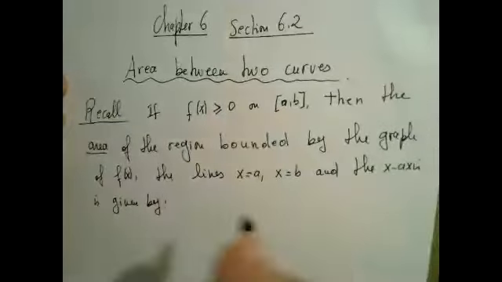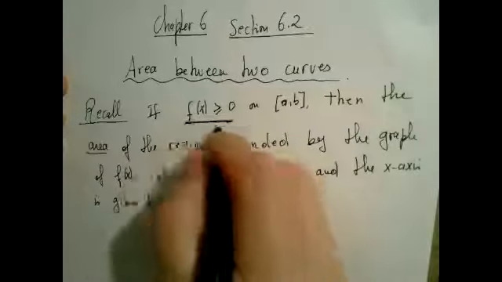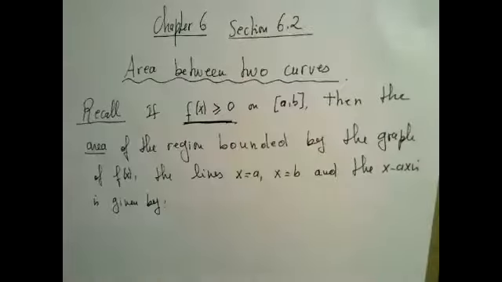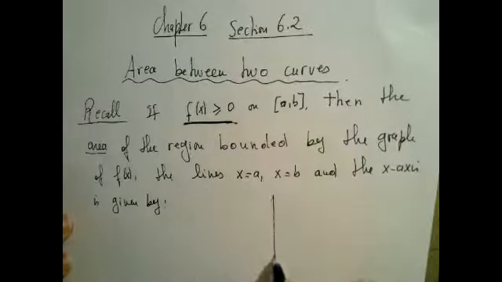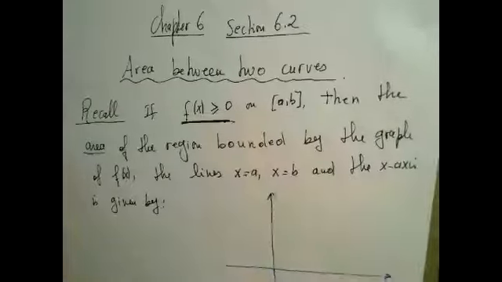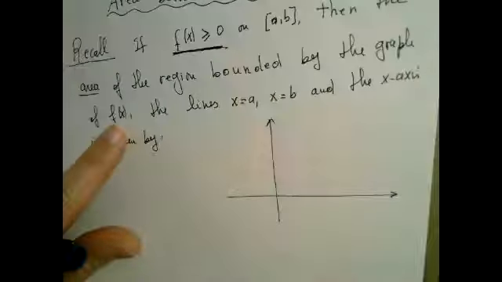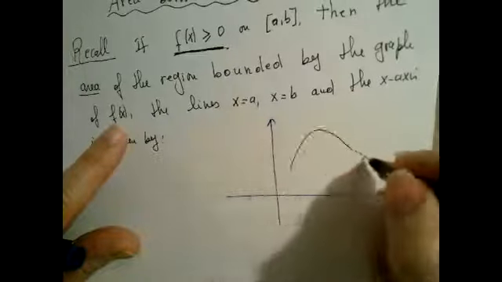So if f of x is a positive function, meaning it only takes positive values, then the area of the region bounded by the graph of f. Let's see what I am talking about in the region. We have to get used to this notation. So let us say this is the graph of f. f of x is positive.